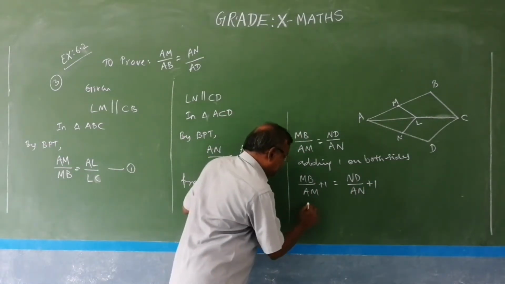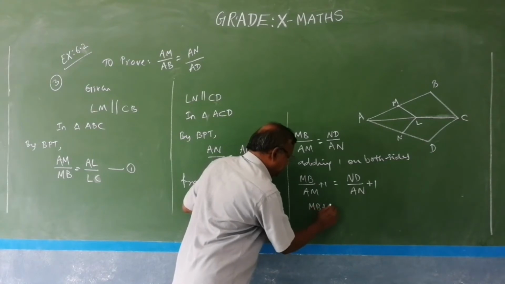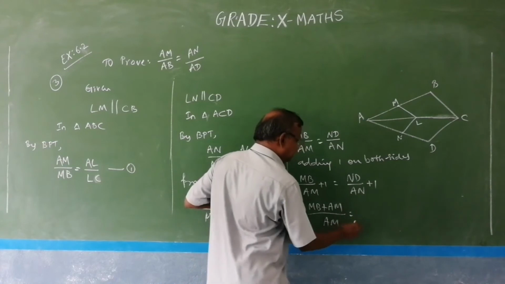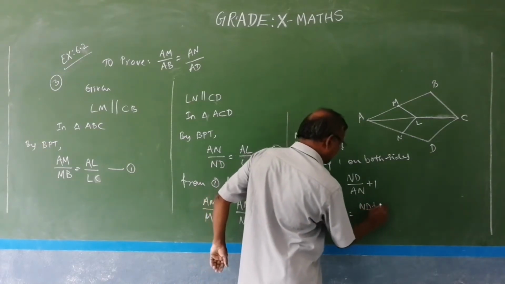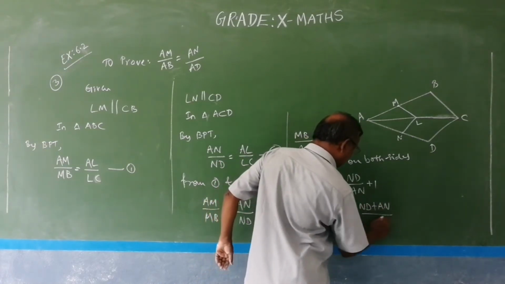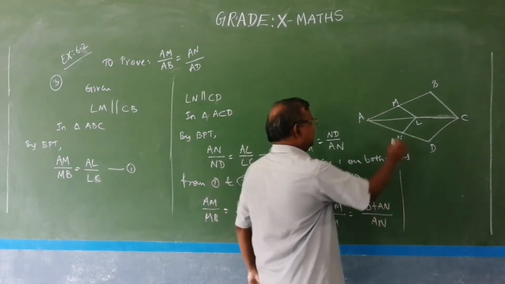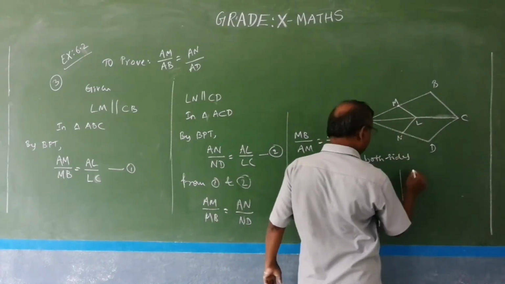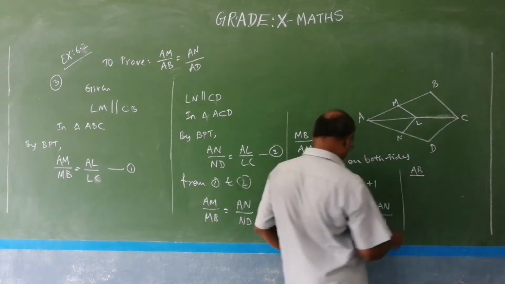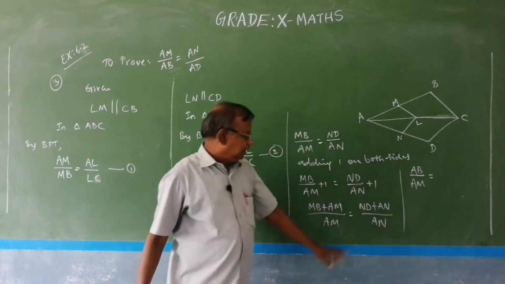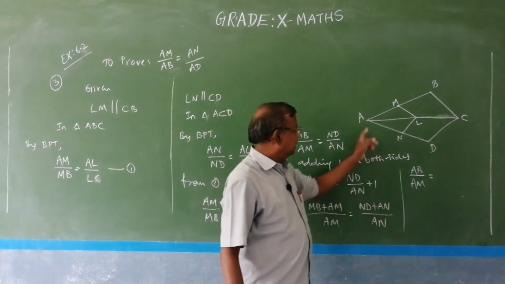Taking LCM, we have MB plus AM by AM equal to ND plus AN divided by AN. That is, MB plus AM equals AB, so AB divided by AM, which is equal to ND plus AN by AN.